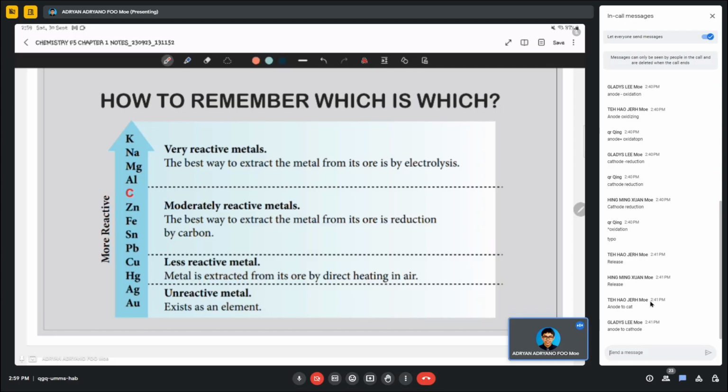So they are unreactive, so they exist as pure elements. And then what else? Carbon is here, the red C. So meaning that, as I said, metals more reactive than carbon I will use electrolysis, and less reactive ones I will use reduction, meaning I use this carbon to reduce the other ores, and what is reduced gives pure metal. Okay, reduction by carbon.